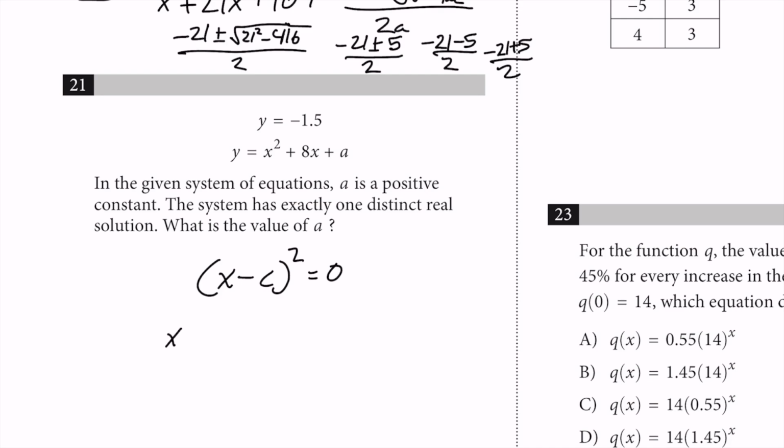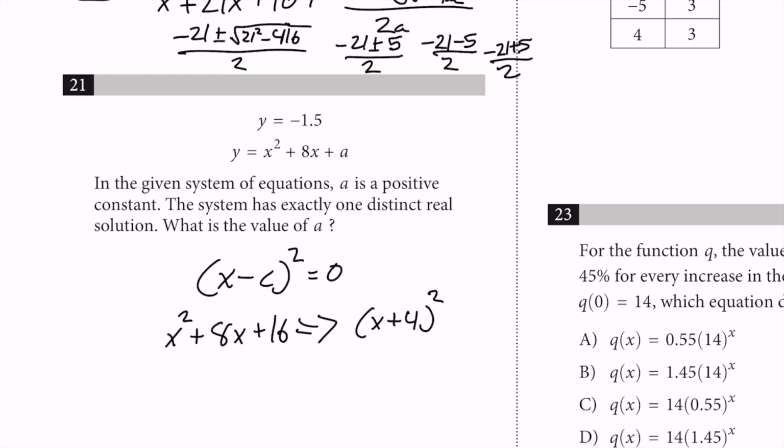So we're going to do x squared plus 8x, and we're going to take 8 divided by 2 and then square it, which is going to give us 16. And that can become x plus 4 squared. So that's what we're looking for.